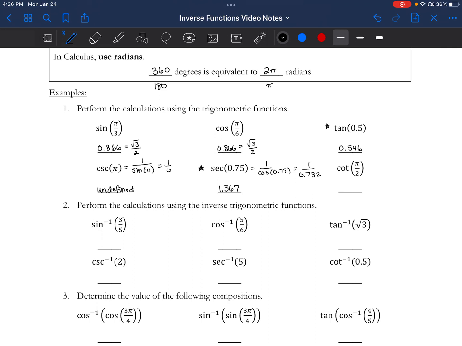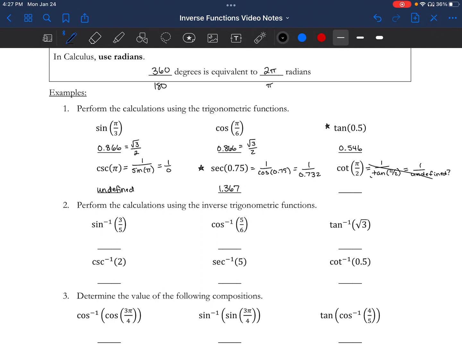And the last one, and this is one I always have to be careful with, is I don't really ever do 1 over tangent of pi over 2. And there's a reason for that. And it actually comes through pretty nicely here in this situation. If I do tangent of pi over 2, it's undefined. So we really don't know what 1 divided by undefined is.